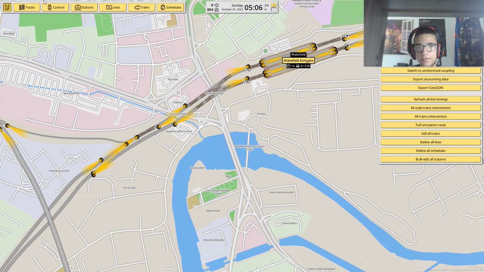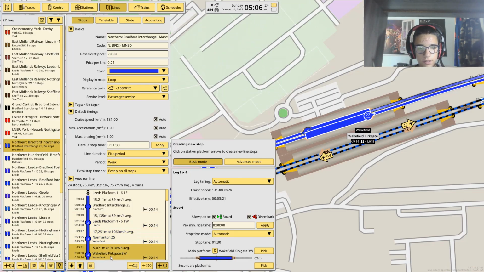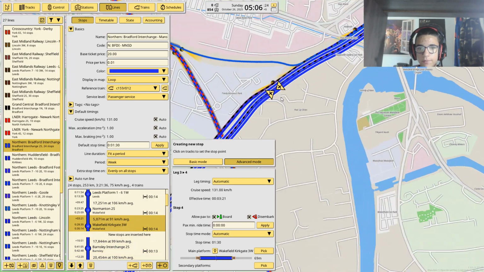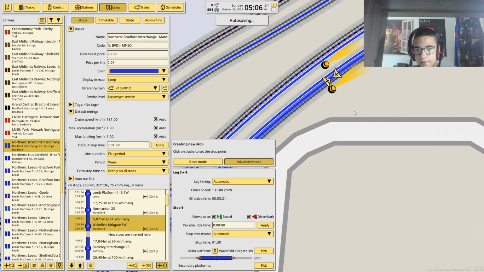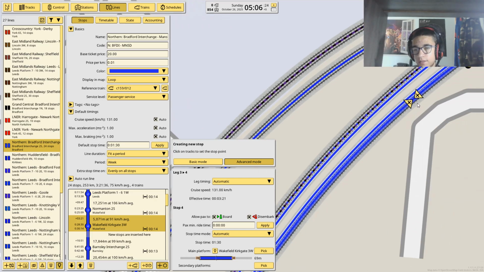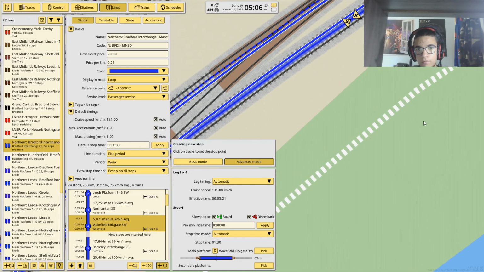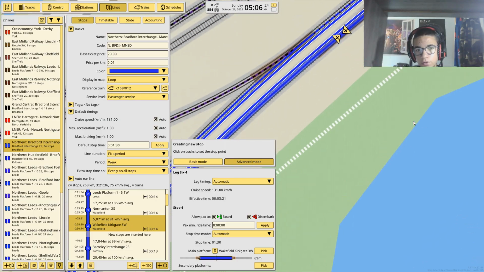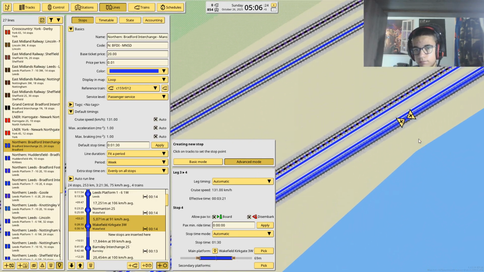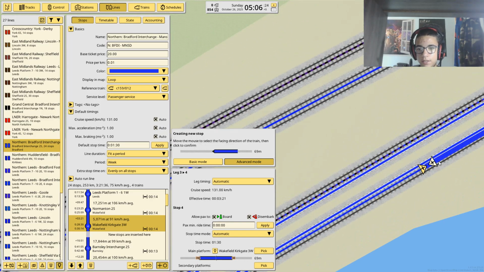Let's just do that. So we need to adjust that line a little bit from Wakefield Kirkgate. With Normanton, Wakefield Kirkgate, and then between, we need to go down this bit here. So a few Normanton trains do end up going this way. So we're going to actually use this here.